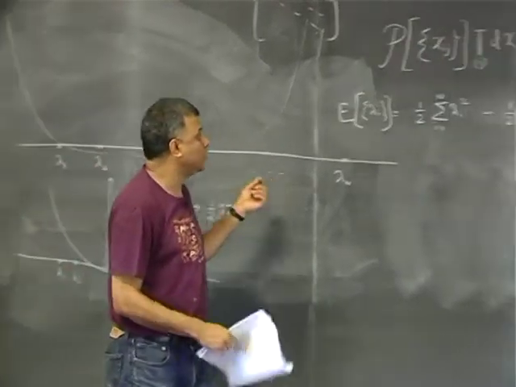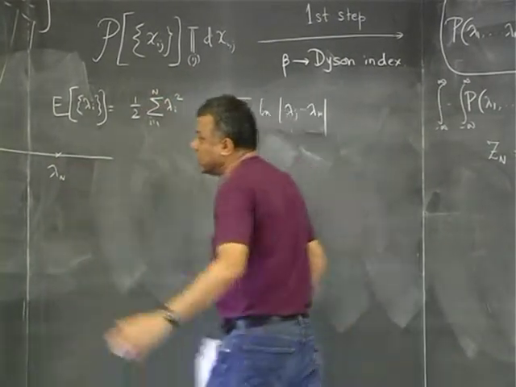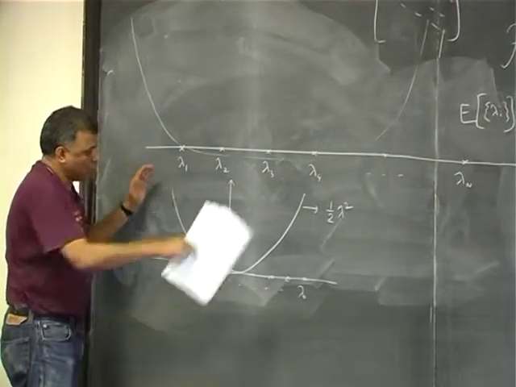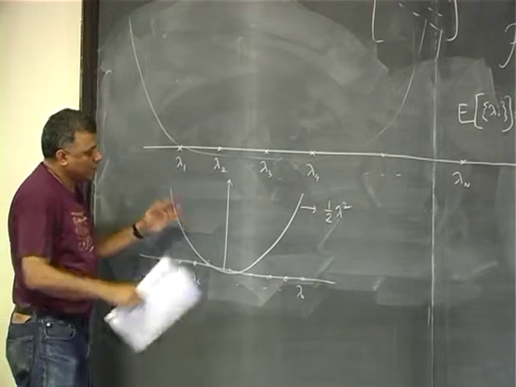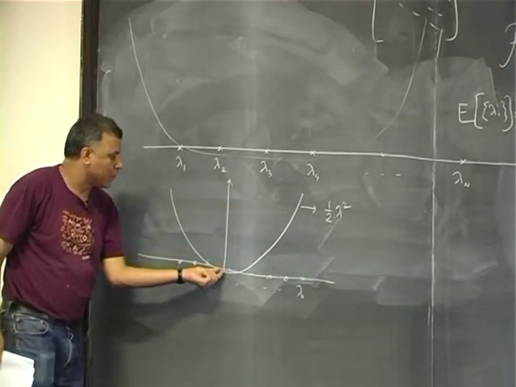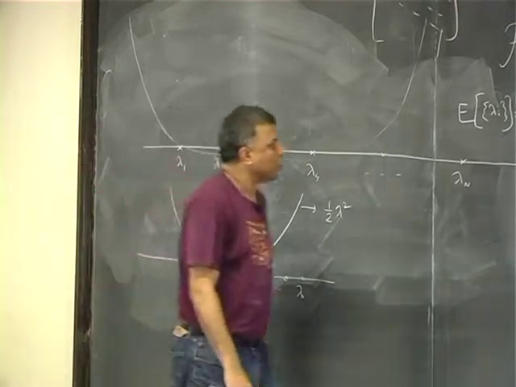Each of them feels half lambda square. So this is the total potential energy due to the confining harmonic potential. These guys will try to put all of them near the origin, which is energetically favorable. But what about this term?